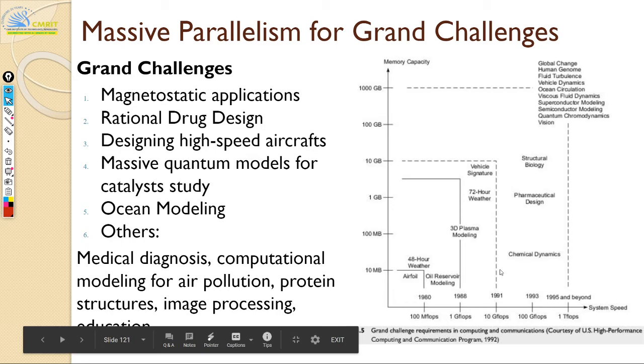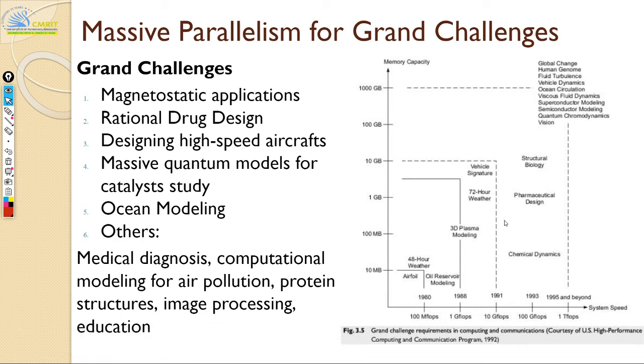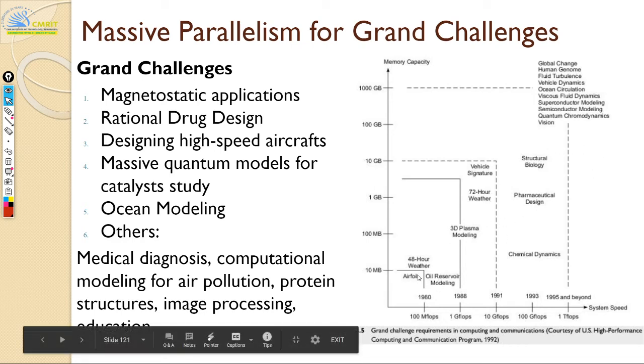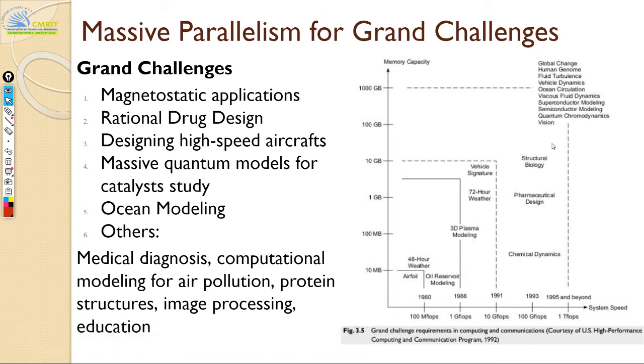So this is a general graph that shows how much computation your application requires. As you see, oil reservoir modeling and the like are all very small scale problems. Whereas when you go for structural biology, the human genome, fluid turbulence and other problems, it's really grand challenging.